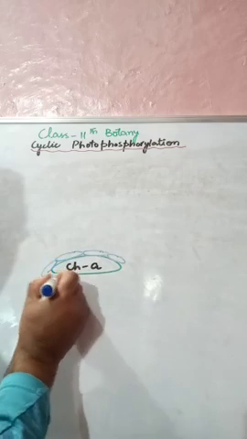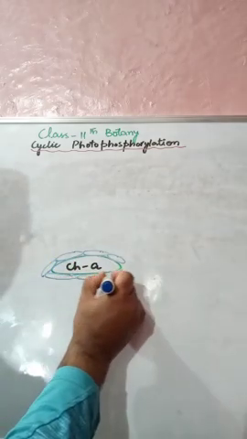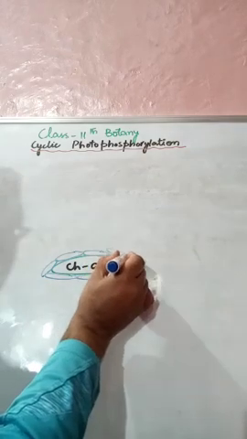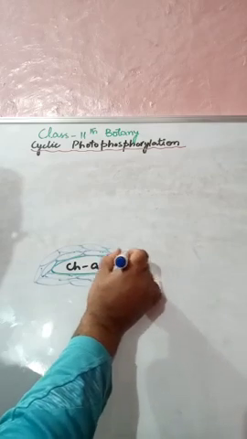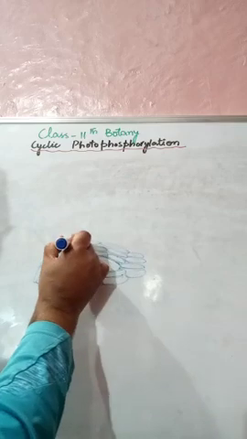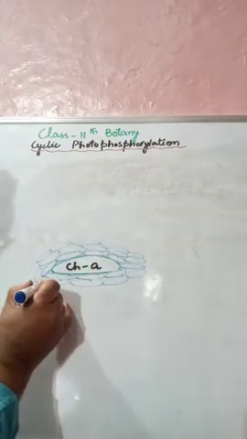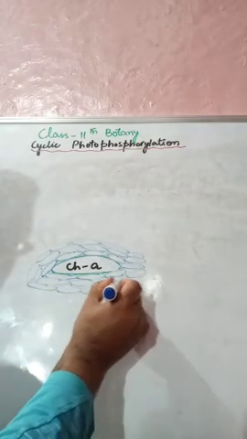For example, this is the chlorophyll A, and this chlorophyll A is being surrounded by these accessory cells. So these are the accessory cells.